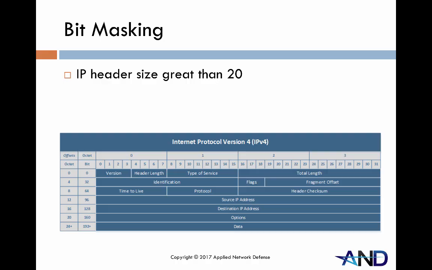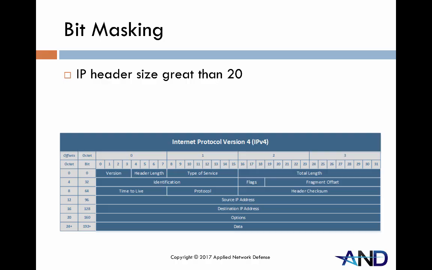If you look at the IPv4 header here, you see that the header length field is in the very first byte. So it's in byte 0, but it's only in half of that byte. It's encompassed in the lower order nibble. The entire lower order nibble contains all the bits we're concerned about here. Now, keep in mind, this is also a calculated field.